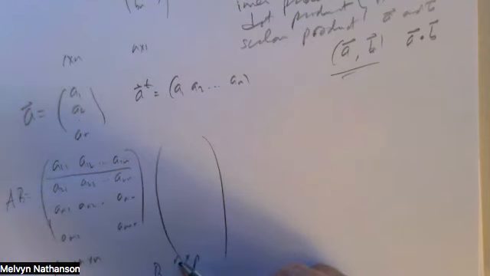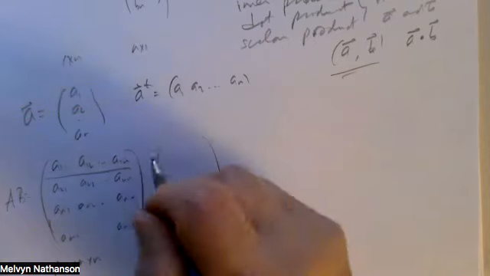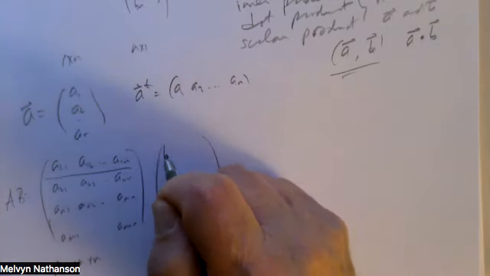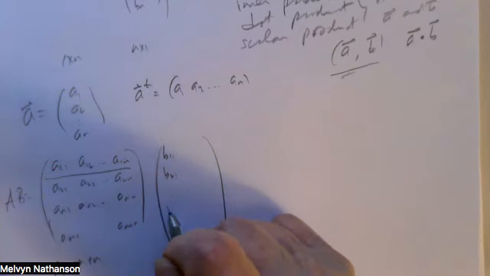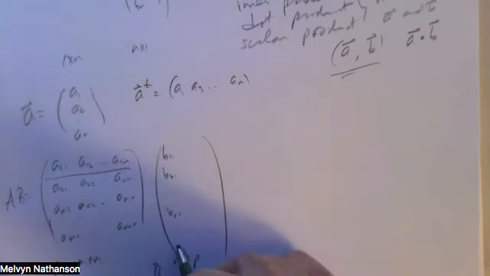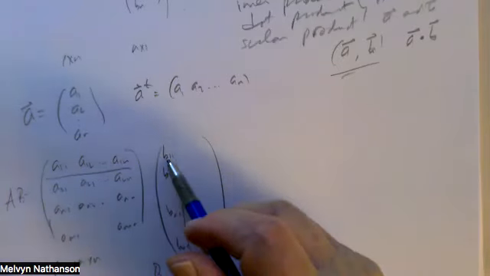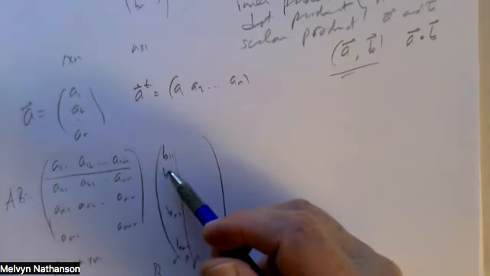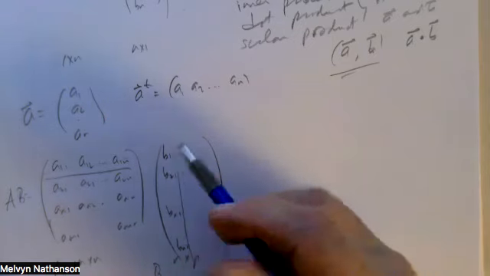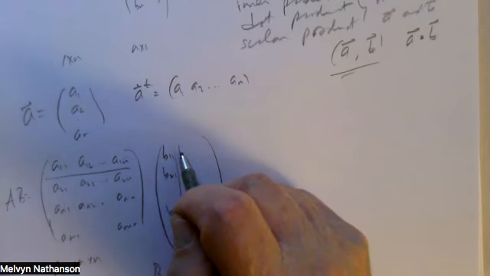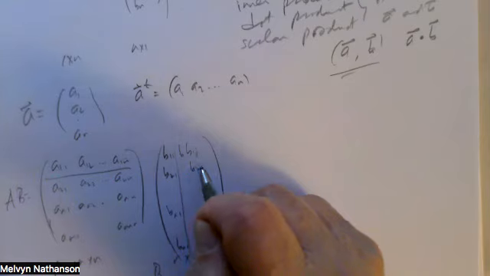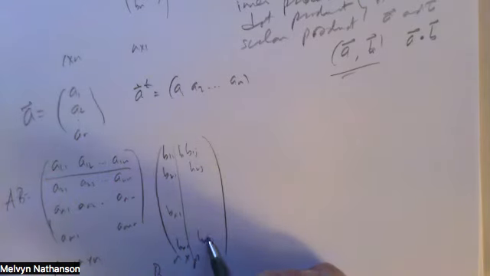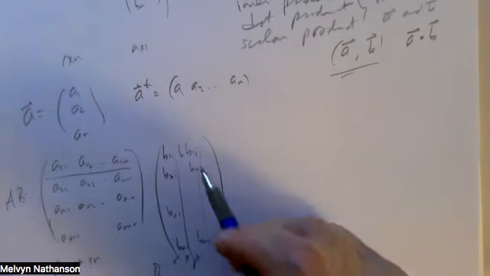Now the matrix B has n rows. If you look at the first column, it's B11, B21, see Bi1 down to Bn1. The first column of B is also a vector with n entries. And the jth column would be B1j, B2j, down to Bnj. And there are p columns altogether.